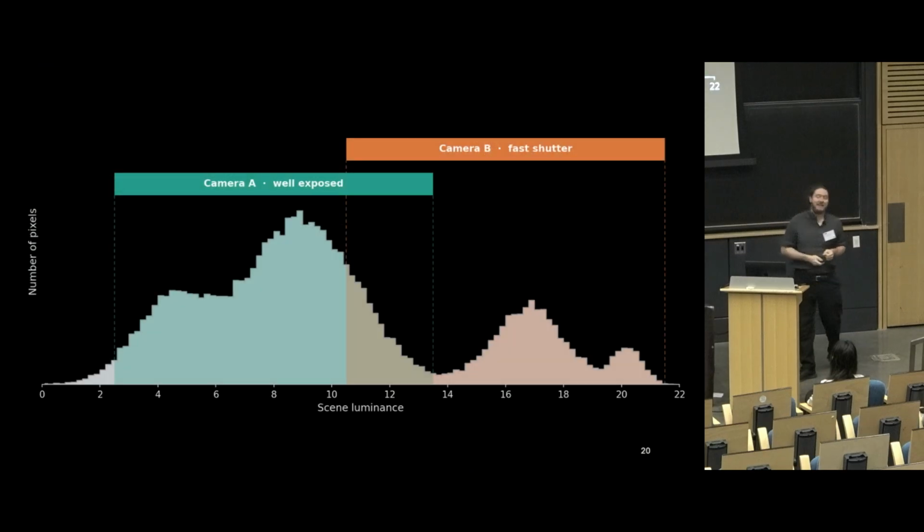And this is the entire insight of our capture apparatus: we split the scene luminance in two, and basically one camera acquires half of the luminance, the other camera the other half, and then we stitch that together into a 3D representation.